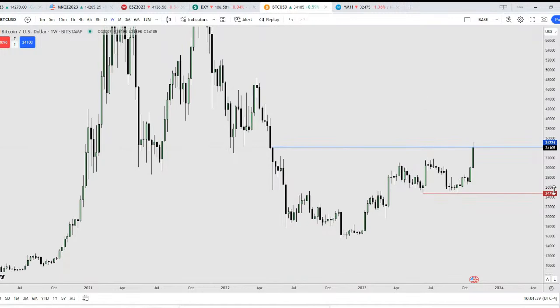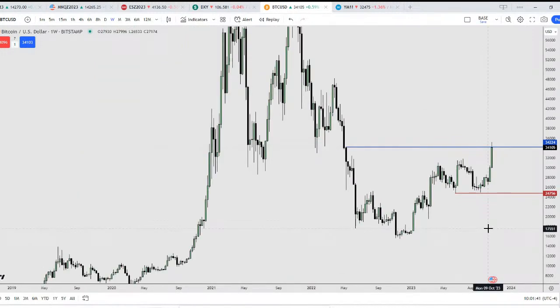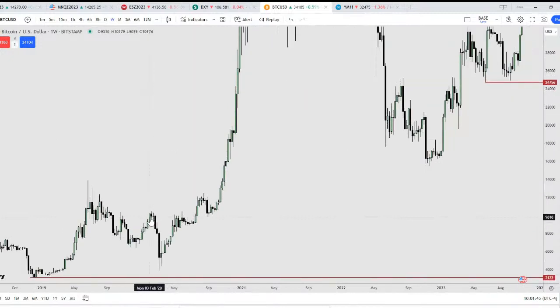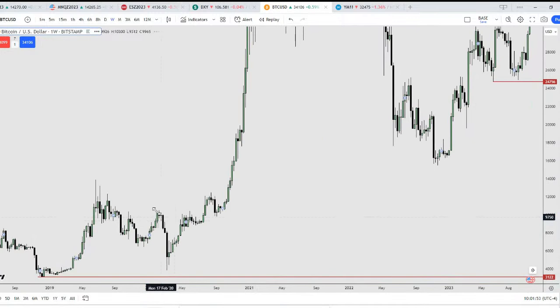And obviously, ultimately I'm looking at these lows here and this breaker here. This breaker would be around $10,000 Bitcoin right here. So let me just adjust this.